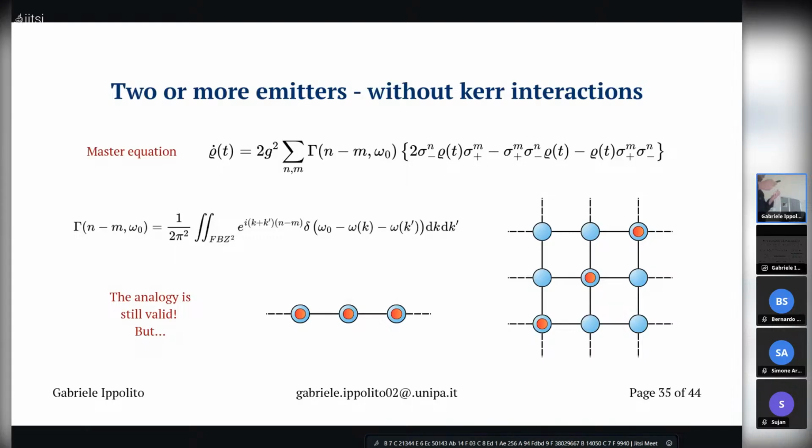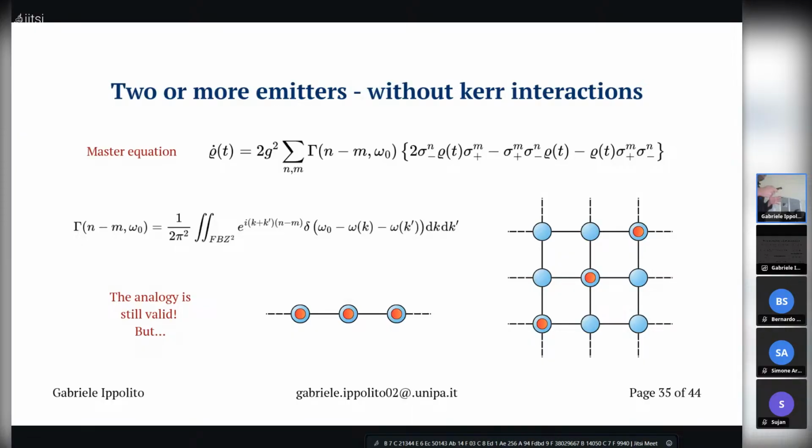Now, with two or more emitters inside the coupled cavity array, this is the master equation one can write for the emitters subsystem. And despite the fact that this coefficient here is rather complex, the important thing is that this master equation describes this system.